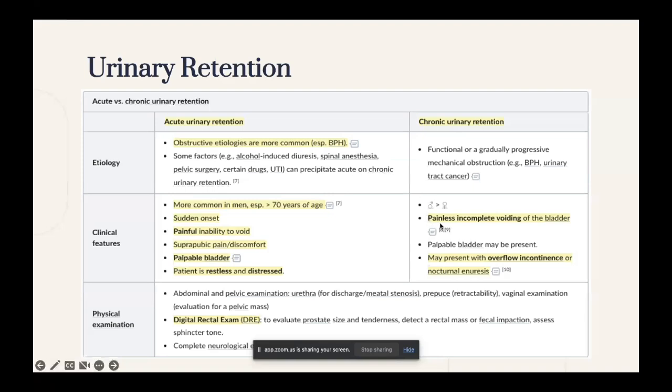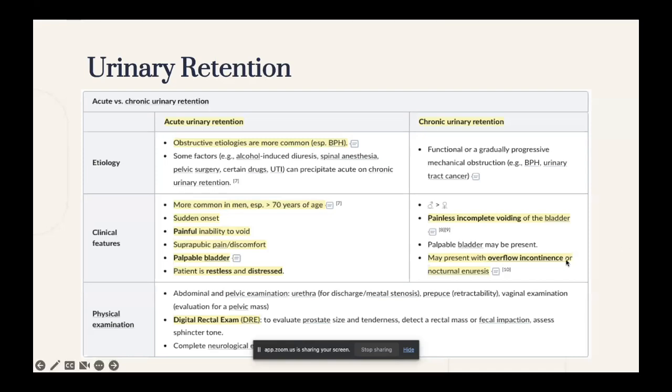It's usually painless in comparison to the acute version and may present with overflow incontinence or nocturnal enuresis. So the patients, especially the ones, as we mentioned, who have benign prostatic hyperplasia, feel this retention is coming, but when the bladder reaches a certain level or contains a lot of urine, the pressure inside the bladder may just cause incontinence.